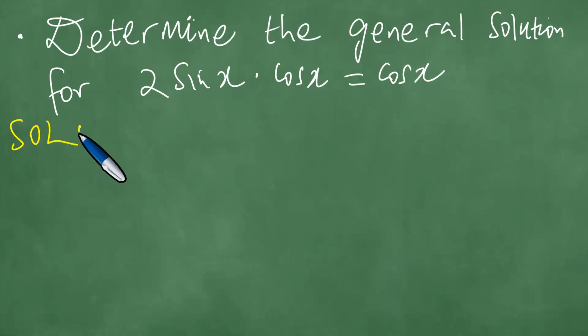So if we determine the general solution for 2 sin x cosine x equals cosine x, we proceed as follows.